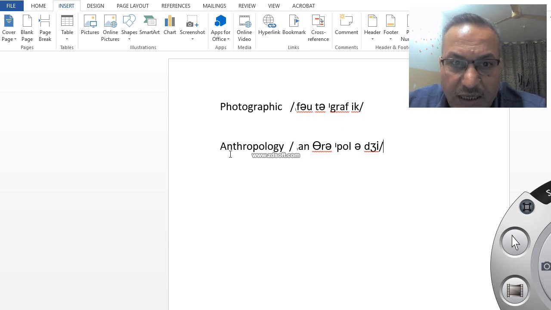Good. If we look at anthropology, this word contains, as we said, 5 syllables: an, thro, pol, schwa, and gy. The syllable pol is stressed because it contains the vowel o with a coda.